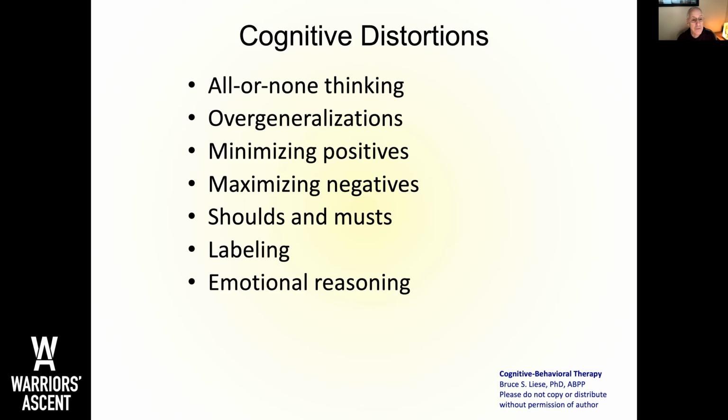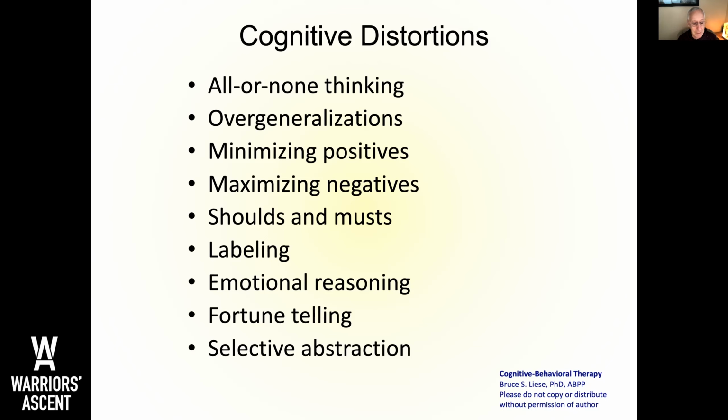Emotional reasoning is when you feel bad and somebody says, what's the matter? And you say, well, I'm miserable. And the person says, well, what'd you do wrong? And they say, well, I don't do anything right. And you say to them, well, what's your basis for saying that? Well, I feel bad, so I know I must have done something wrong. That's emotional reasoning. And fortune telling is when you anticipate in the future something terrible is going to happen.